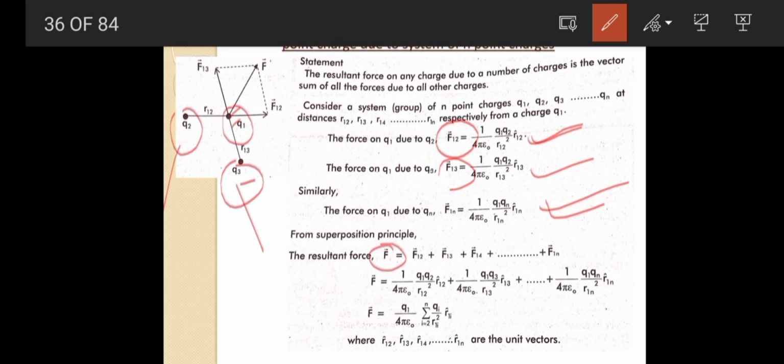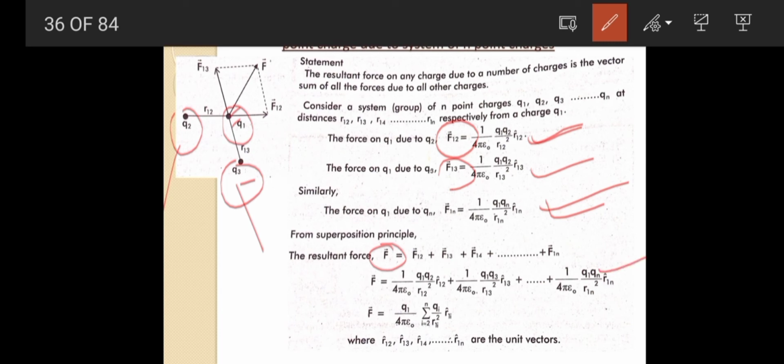Now what I need to calculate is the total force acting on the charge particle q1, which is equal to the force acting on q1 by q2 and also the force acting by the charge particle q3 on q1. If you add these two, then the total net force acting on charge particle q1 due to the other two particles q2 and q3 is equal to this much.